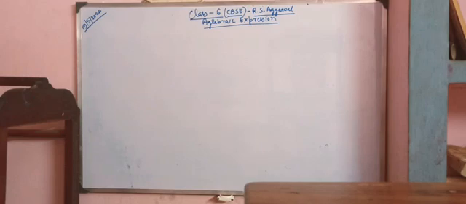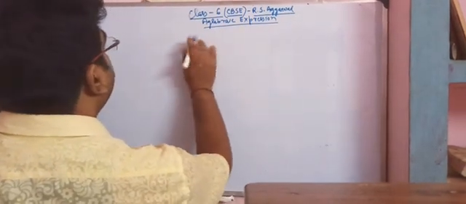Suppose we consider some example. The perimeter of a square is given by 4 into side.